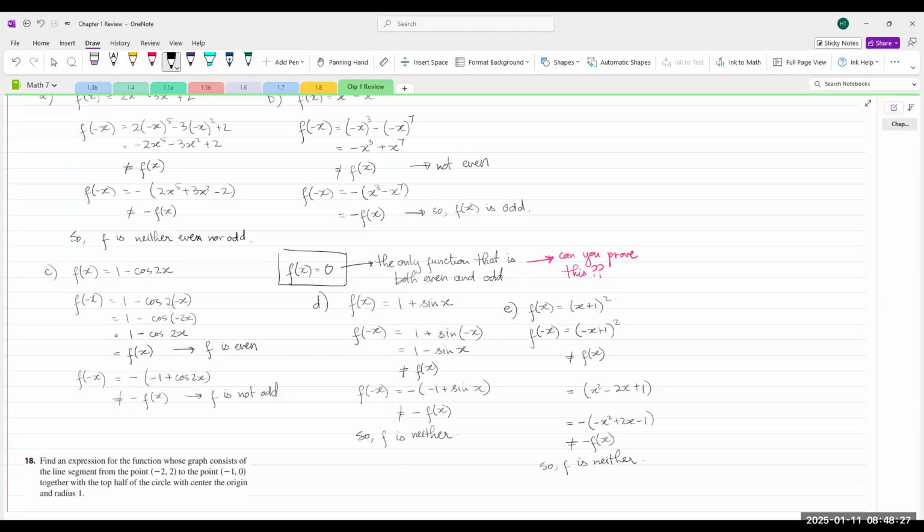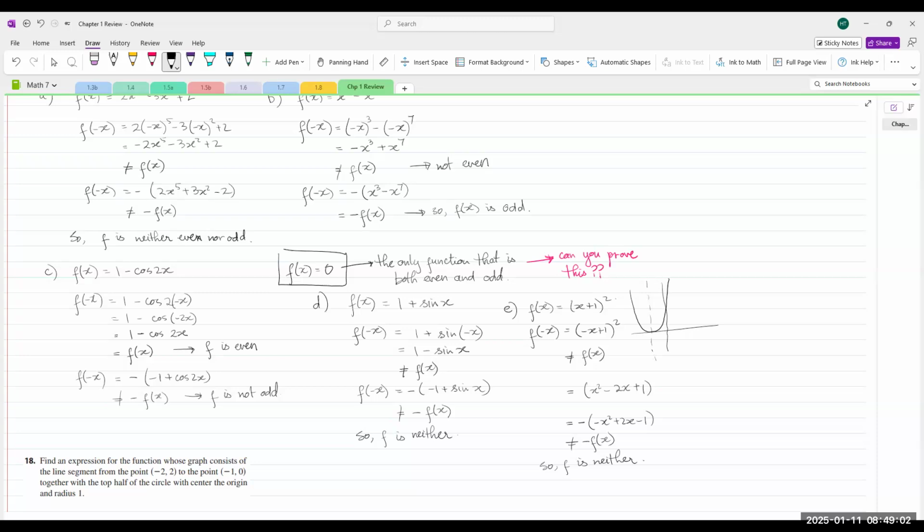You may imagine the graph, but the algebraic proof is the one you need to show. If you take a look at the graph, you know for sure that it is neither an even function nor an odd function because it doesn't have such symmetry. It does have axis symmetry at x = -1, but for an even function, we must have the axis of symmetry at x = 0, and an odd function must have origin symmetry.